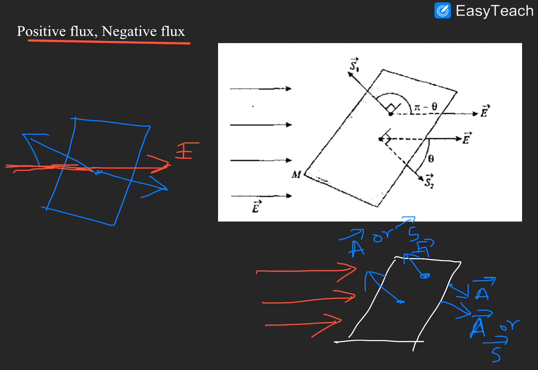They are making an angle theta. You can see here they are making an angle theta. Electric field is making an angle theta with the area vector. Your electric field is moving like this. Area vector on one side is like this, which makes an angle theta with your electric field, and there is another area vector on this direction.